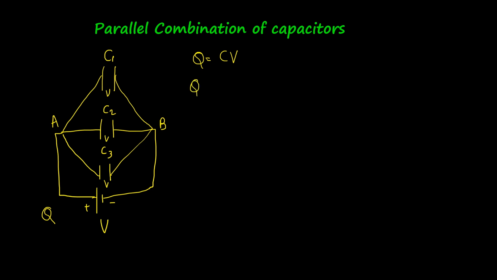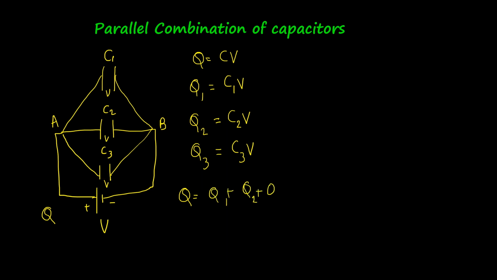So the charge stored will be Q1, Q2 and Q3. Q1 is equal to C1V, Q2 is equal to C2V and Q3 is equal to C3V. We have seen that Q is distributed among the three capacitors, so Q is equal to Q1 plus Q2 plus Q3.